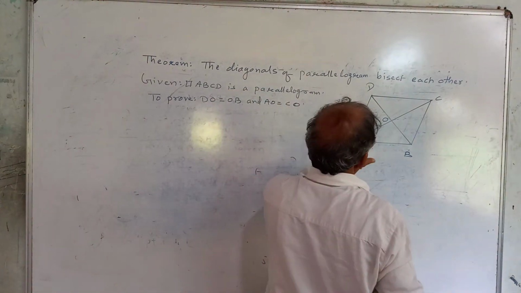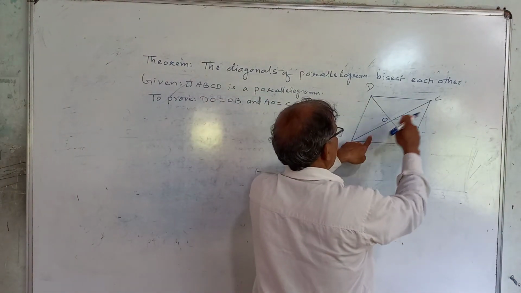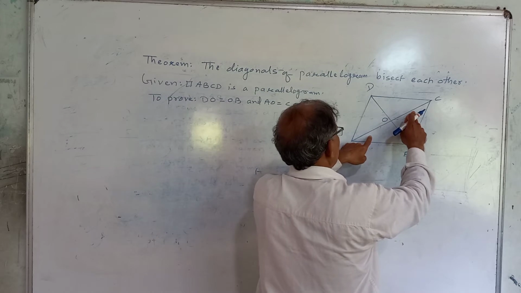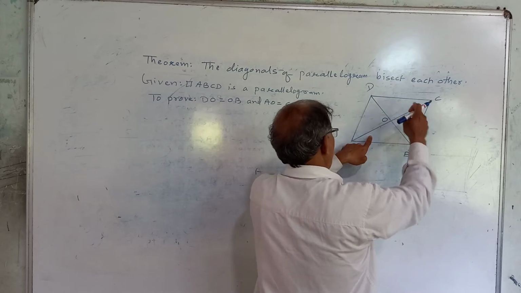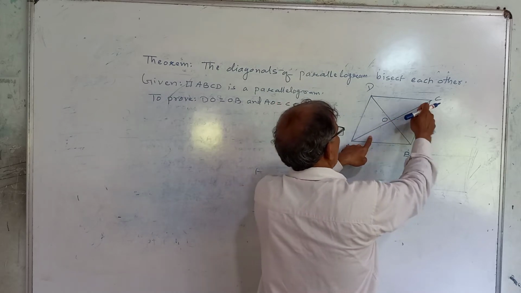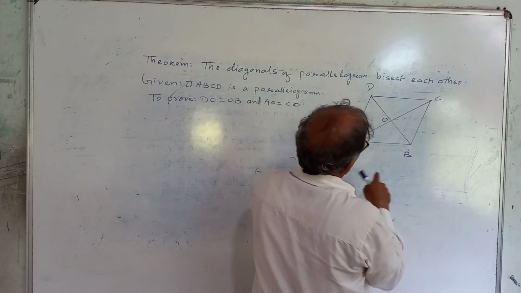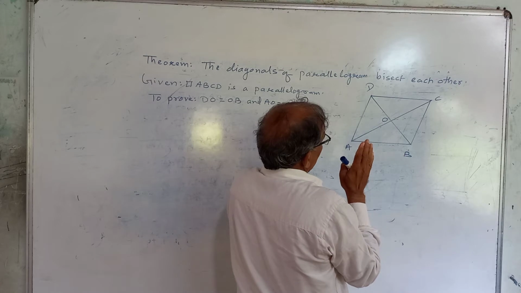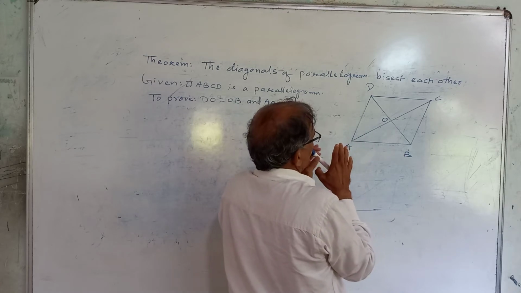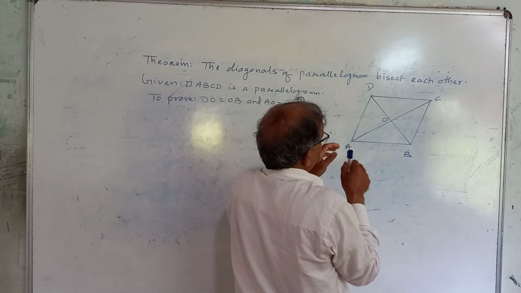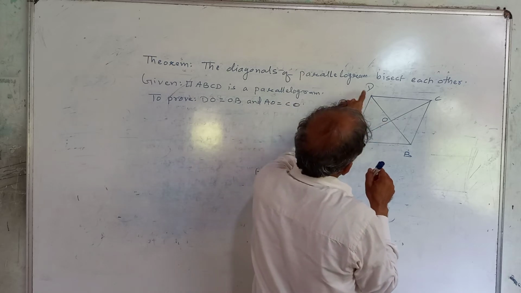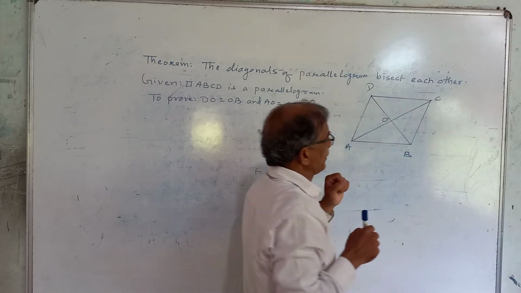Now you can see here this AO part and this OC part. I mean the side AO and side OC and side DO and side BO. By this side, we can get the triangles which are formed here, AOD and BOC, isn't it?